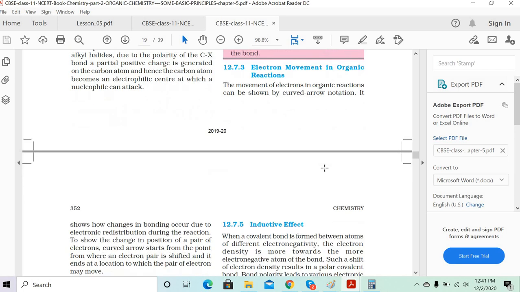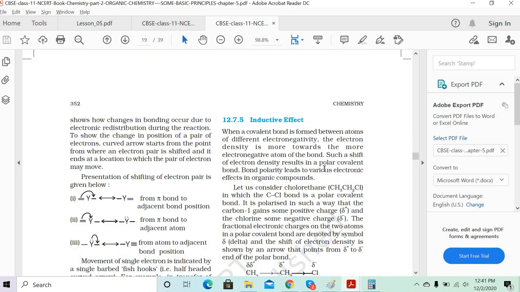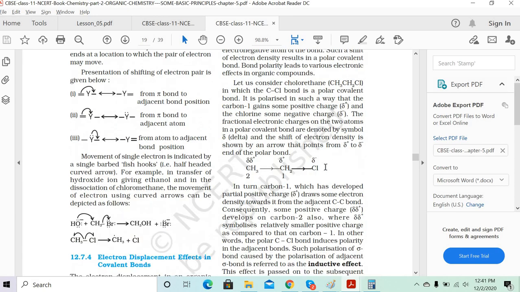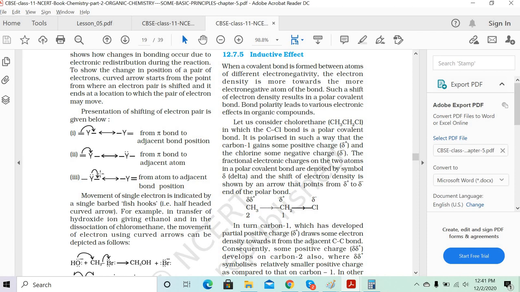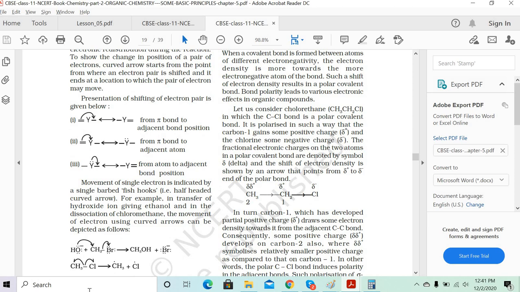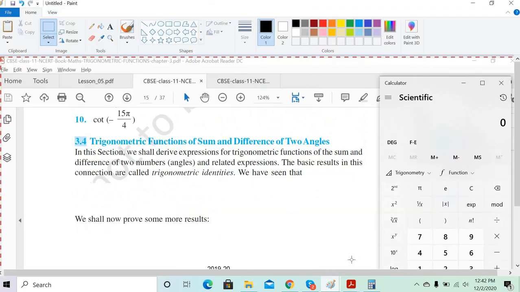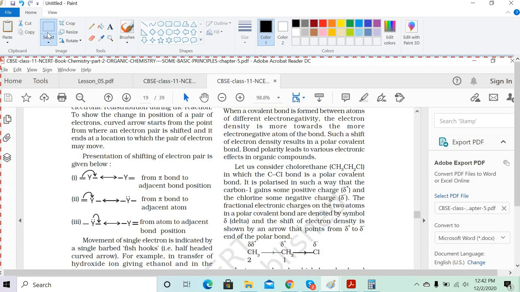Okay, now let's go to the electron movement in the organic reactions. What happens in electron movement in the organic reactions? Draw the figure showing the shifting of the electron pair. First one you draw, when we have a double bond, how does it happen? I'll explain to you. Write these three bond formations given here, then I'll explain how it is happening.